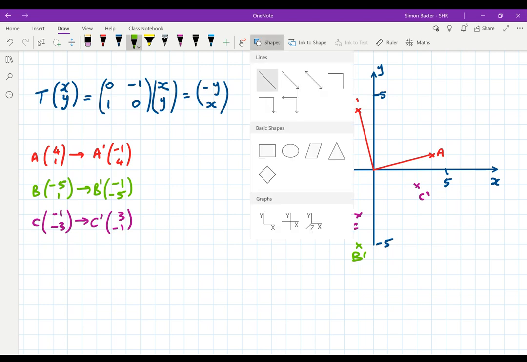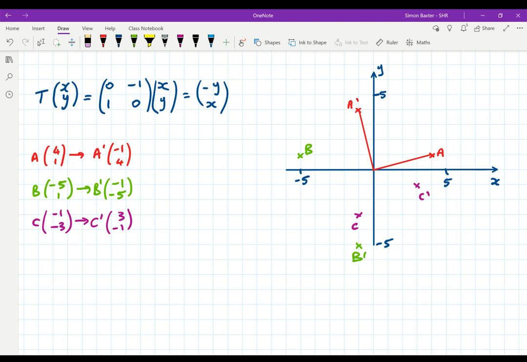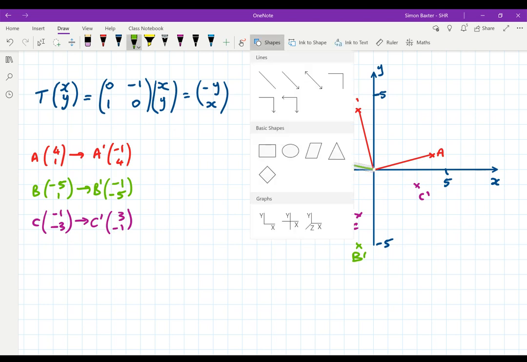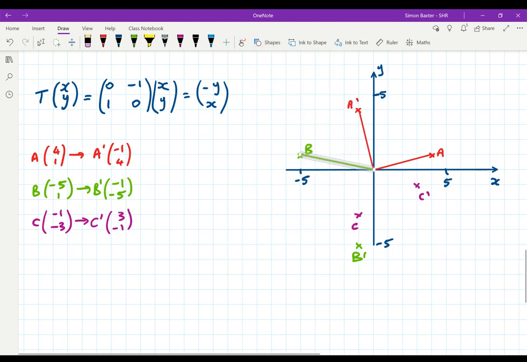Let's draw a line from the origin to B, and also a line from the origin to B dashed. One more. Let's take a line from the origin to C, and a line from the origin to C dashed.